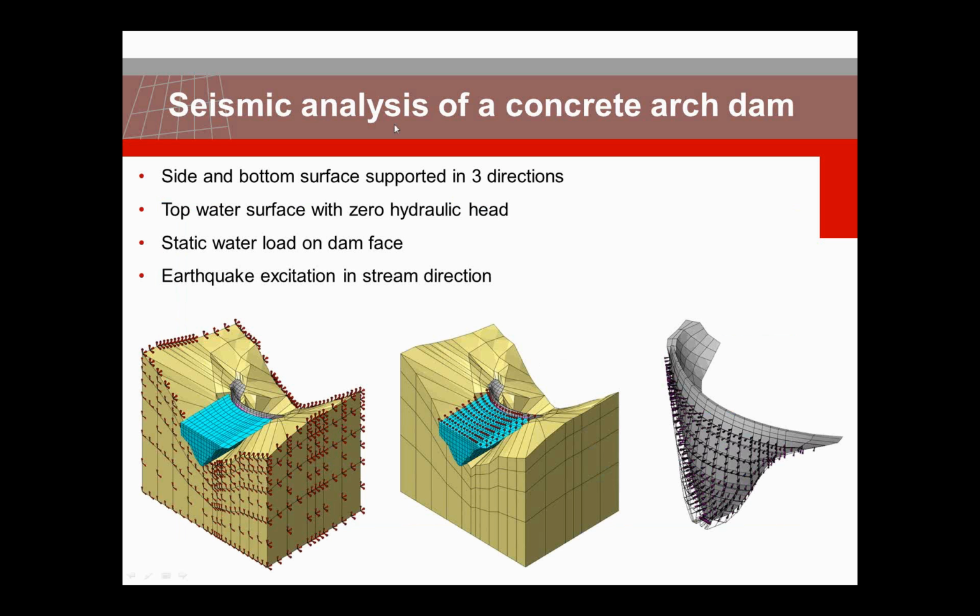So before we go to the transient analysis, we have now calculated the Rayleigh damping parameters. We need to define some properties for the fluid. We need to define the free surface pressure, and we need to define a hydrostatic load on the dam.